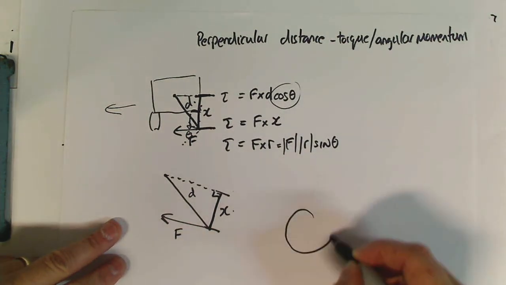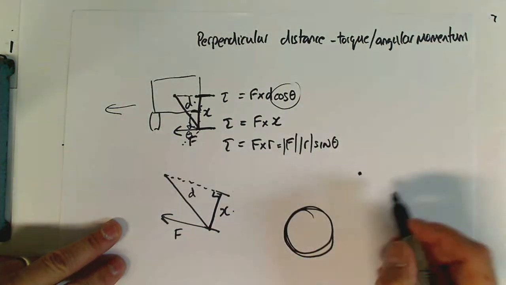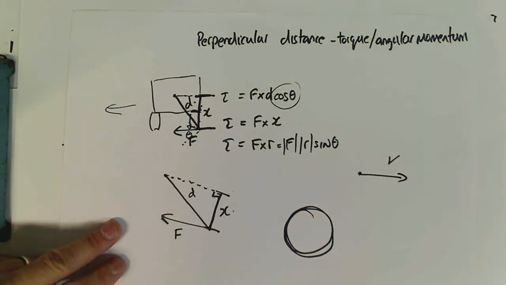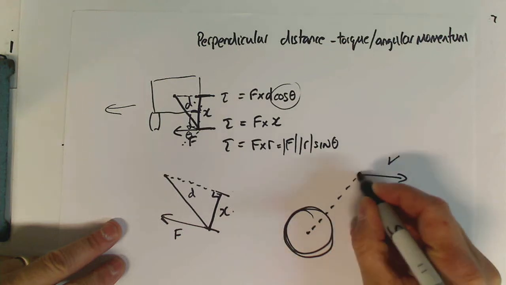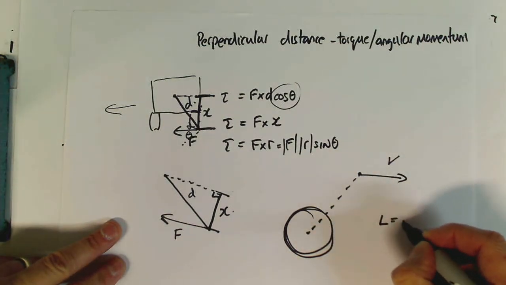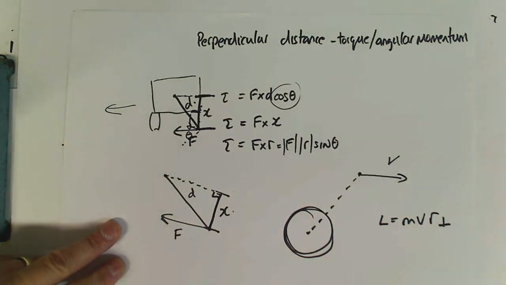If we've got a planet, or it doesn't matter what, just any point, we've got an object with a velocity, the angular momentum about this point, the center of this planet, would normally, this is the angular momentum formula, remember this one where we use mvr. I use that little perpendicular symbol to realize that we do it this way.